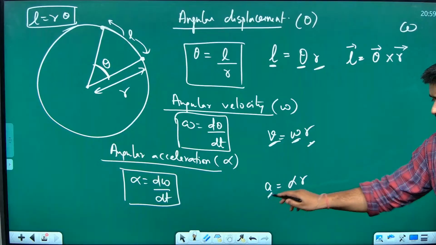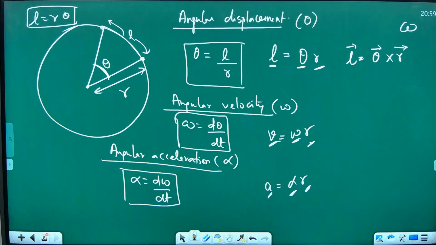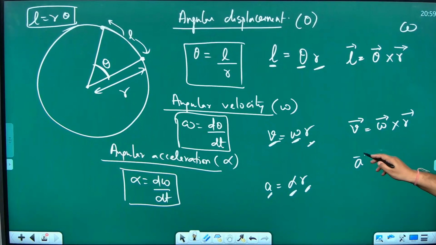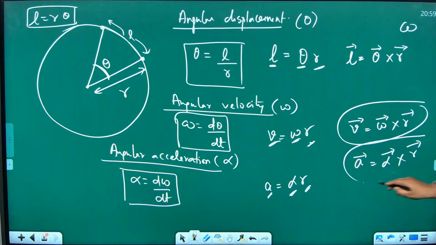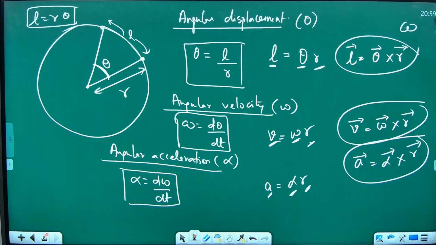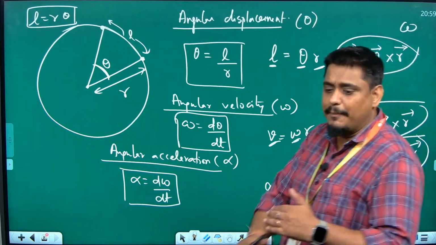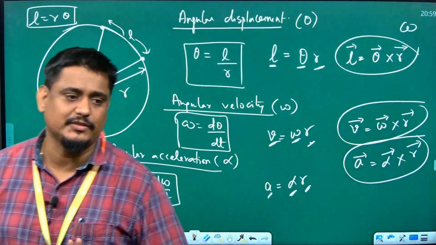In vector form, velocity vector is omega vector cross r vector, and a vector is alpha vector cross r vector. So remember that if they give you a question with vectors, don't just multiply, do a cross multiplication.